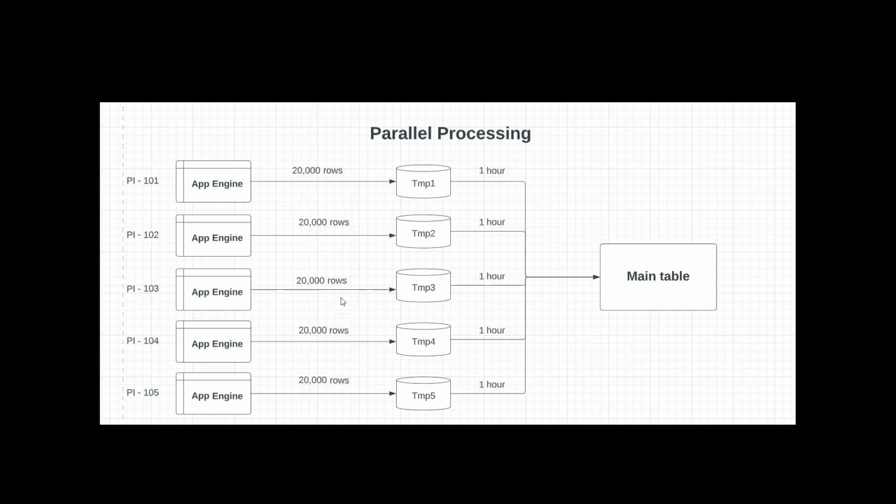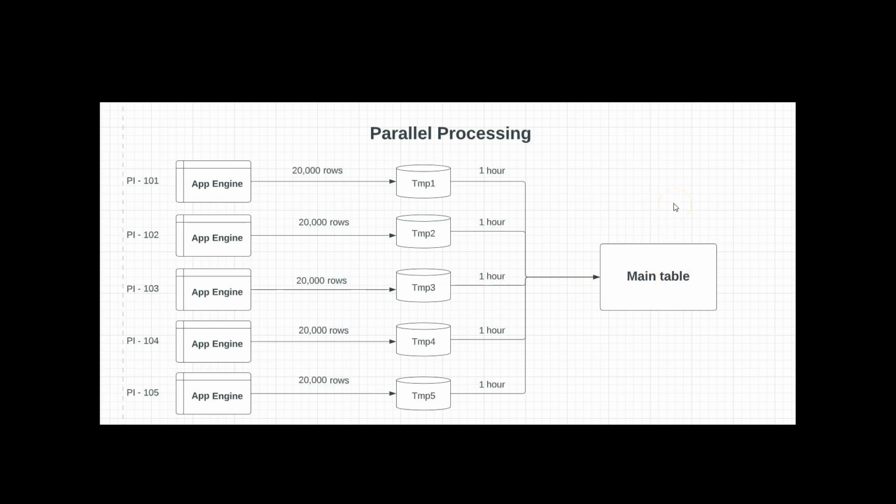Now, earlier to process 100,000 rows of data, it was taking 5 hours, but due to this splitting of data, since all these application engines are now running simultaneously with the data split across multiple instances, each of them can be completed in approximately 1 hour, and finally they will insert the transformed data into the main table.